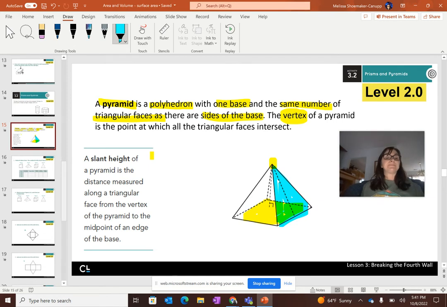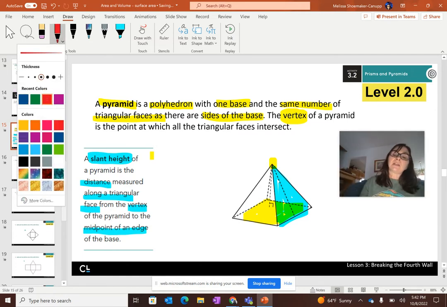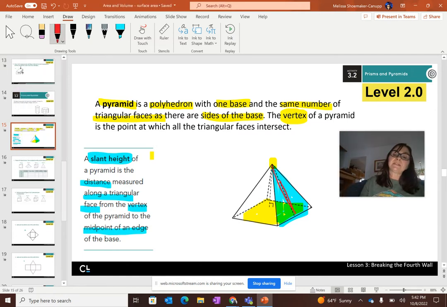of a pyramid. Okay, now another vocabulary word that I want you to pause and please put in your glossary is slant height. It's the distance measured along a triangular face from the vertex to the midpoint of the edge. Now, that sounds like a lot, but I'm going to show you what they're talking about. It's this line, remember? It makes a 90-degree angle with the base of the triangle.